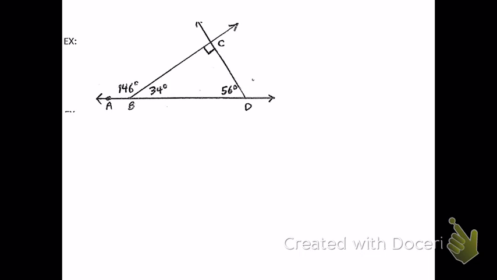Angle BDC and DCB. Okay, BDC would be this angle. And did you say CBD? That would be this angle. Those angles are not adjacent. I said DCB. Sorry. DCB. Oh, okay.